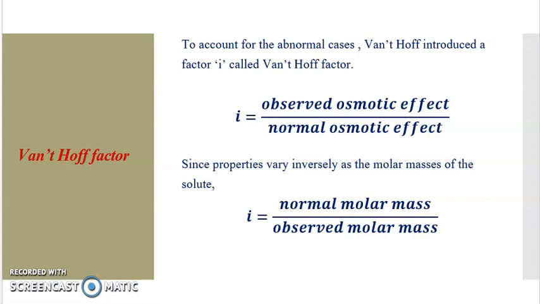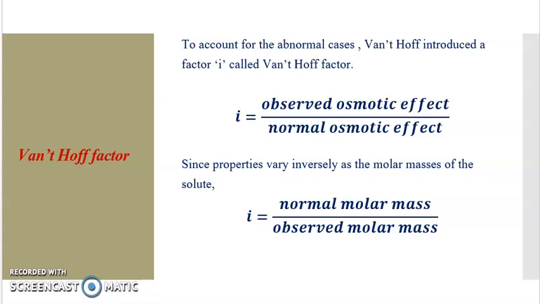Or in terms of molar mass, i equals normal molar mass divided by observed molar mass. This is the equation for calculating the Van't Hoff factor. So what is the function of the Van't Hoff factor? It is used to account for the abnormal cases.